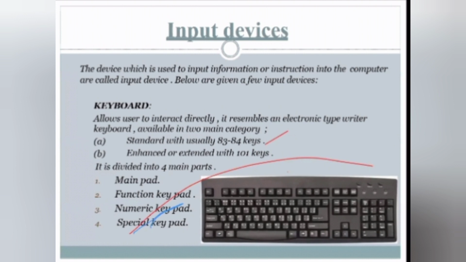In the main keypad we have letters and numbers, and in the functional keypad you can see at the top F1, F2, those are the functional keys. The numerical keypad is numbers, and the special characters are symbols like the question mark, etc.